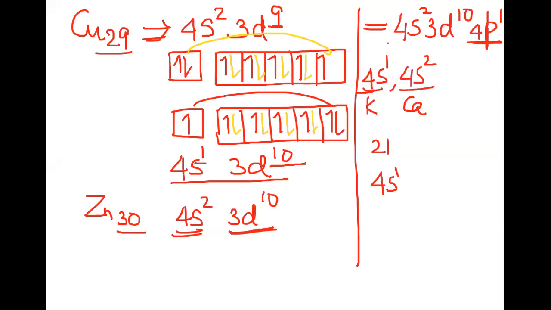And because of this change, the more is the number of places that they can change, the more is the exchange energy, and larger the number of exchanges, higher will be the value of exchange energy, and that will contribute greater to the stability of the atom. So this is one term that you have to learn there. All right. So this is what we are learning in Hund's rule of maximum multiplicity.